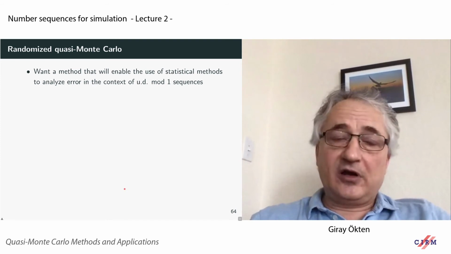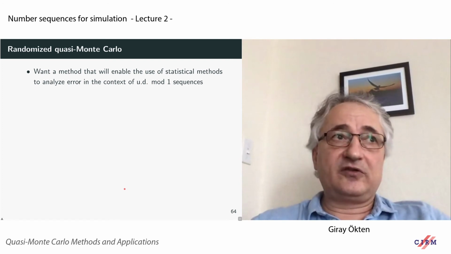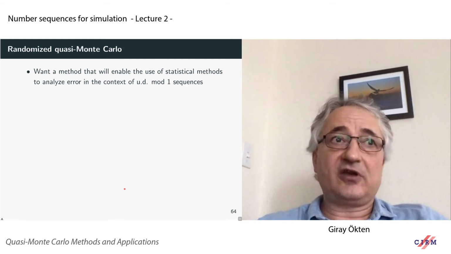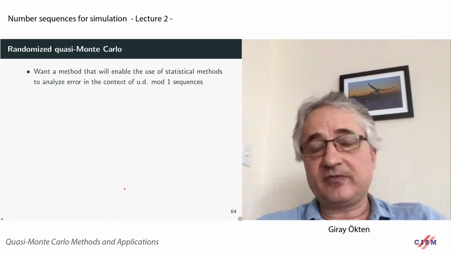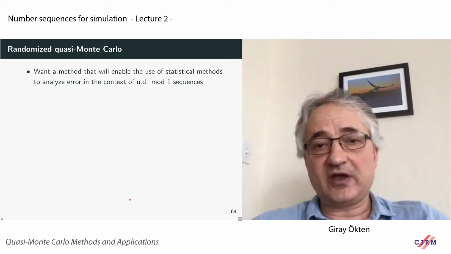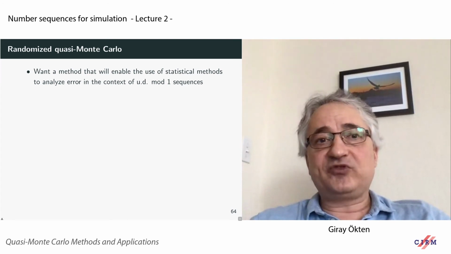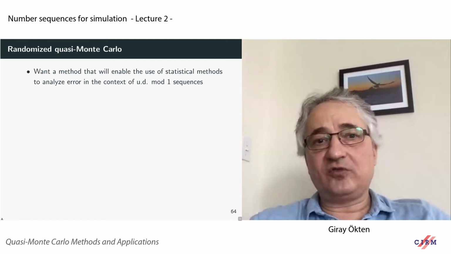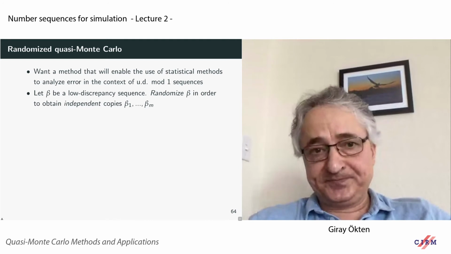In Monte Carlo, on the other hand, one can use statistical methods, descriptive statistics, to analyze the error. You can compute estimates, and then their variance, their standard deviation, in a very practical, very easy way. So randomized quasi-Monte Carlo allows us to analyze error in the context of low discrepancy sequences, just like Monte Carlo.